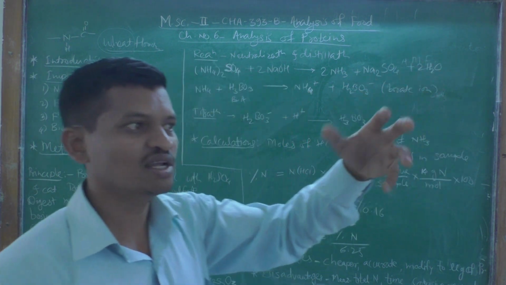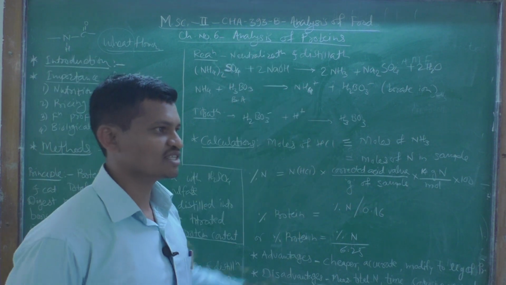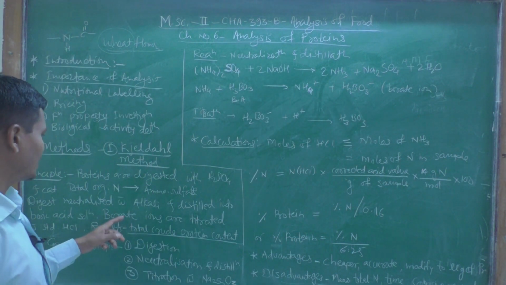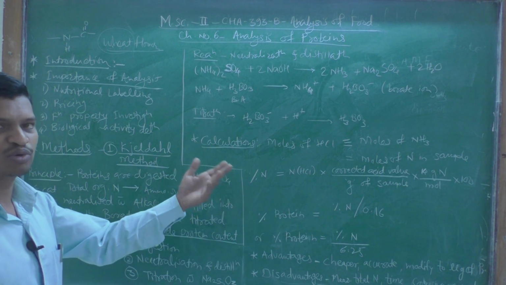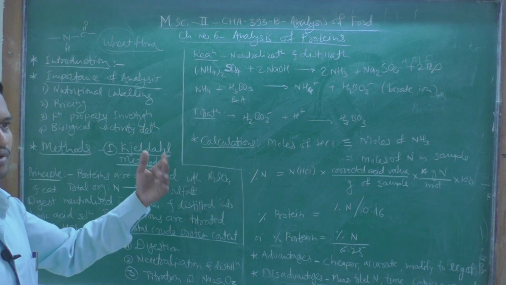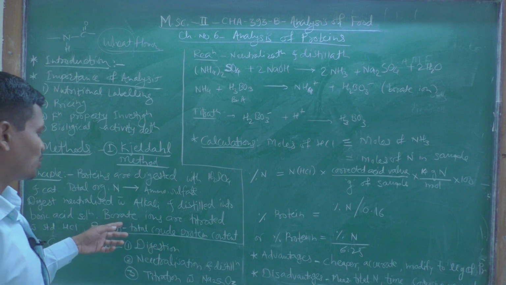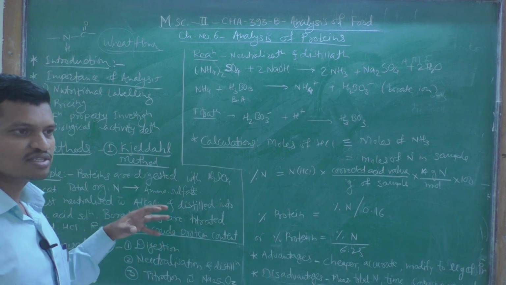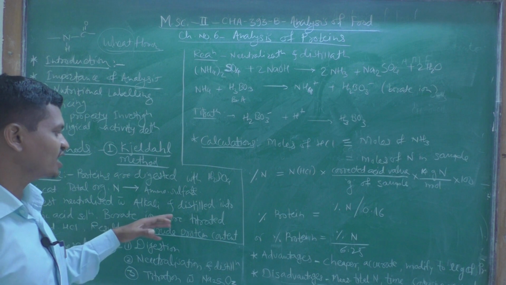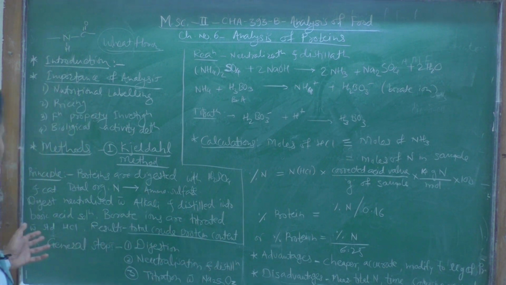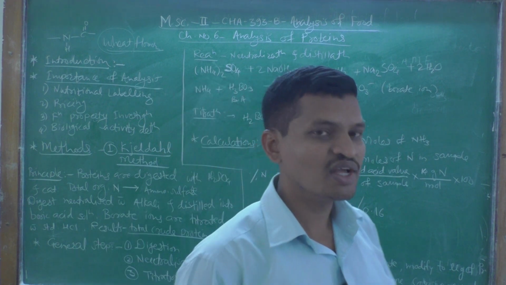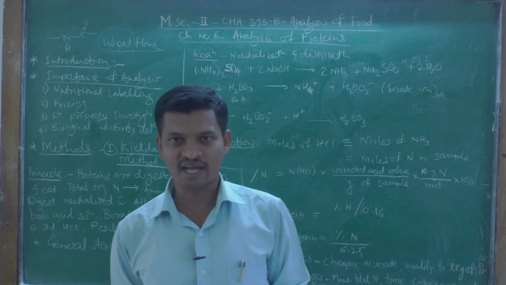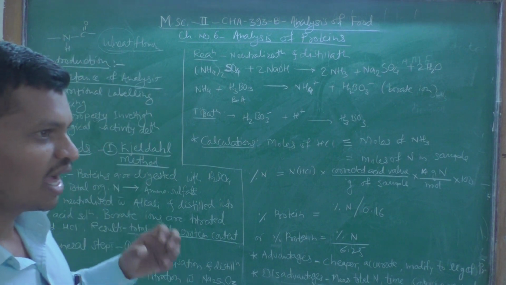After neutralization, it is distilled into boric acid solution, and then borate ions are formed. We will see later how these borate ions form in our calculation and reaction part. These borate ions are titrated with standard acid, and this acid is hydrochloric acid.